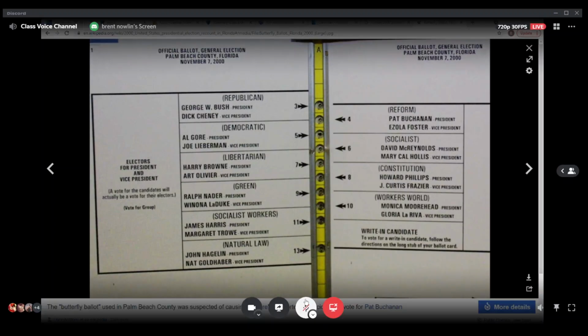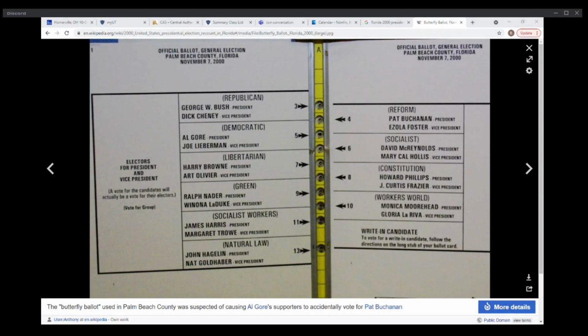You know how the Democrats are frequently characterized as being liberal and the Republicans as being conservative. Well, the Reform Party is far more conservative than the Republican Party. So there is no way on God's green earth that the average retiree would vote for Pat Buchanan. Do you see that?